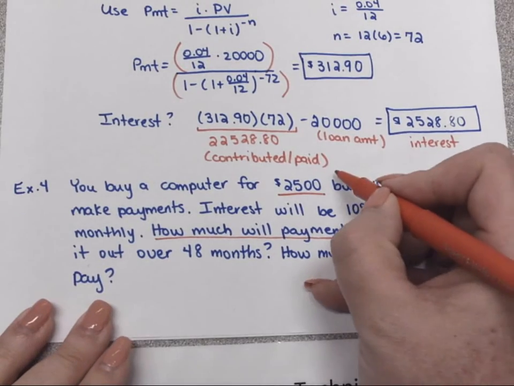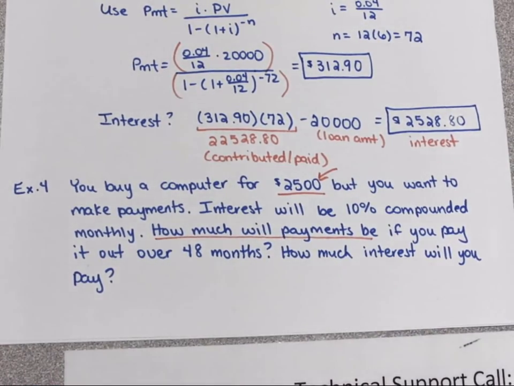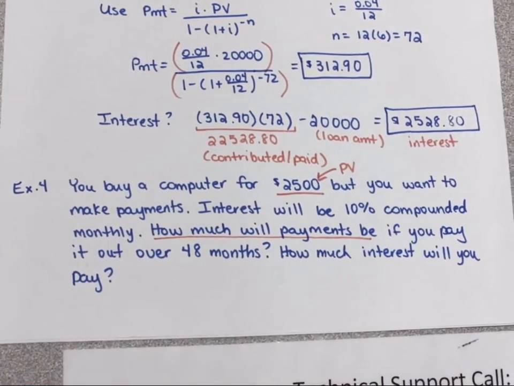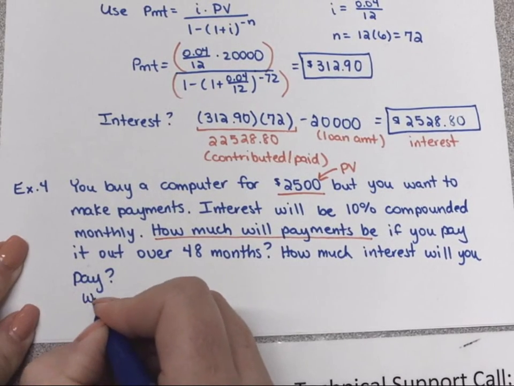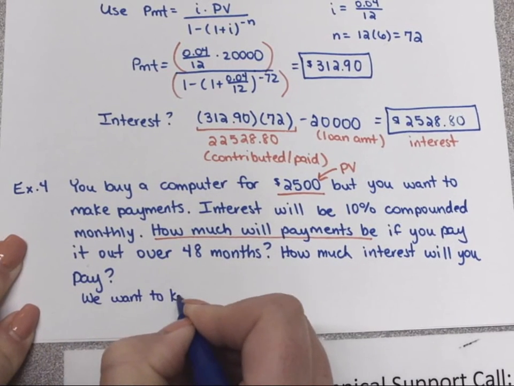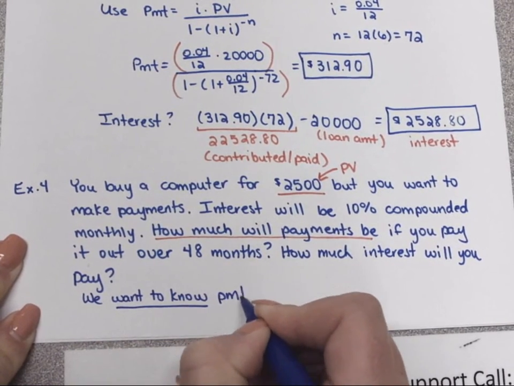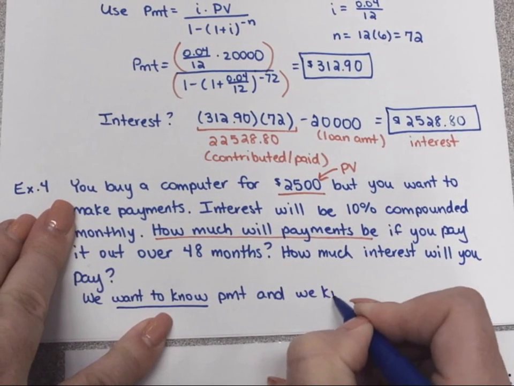If you're buying a computer from Best Buy or something, and they say it's $2,500, does that price include interest or no? It doesn't, right? So this is the what instead of the future value. This is the present value, right? So note that we want to know payment, and we know present value.